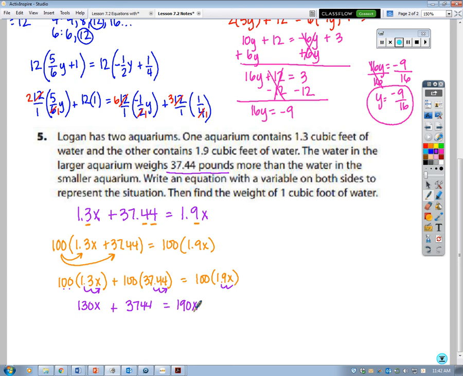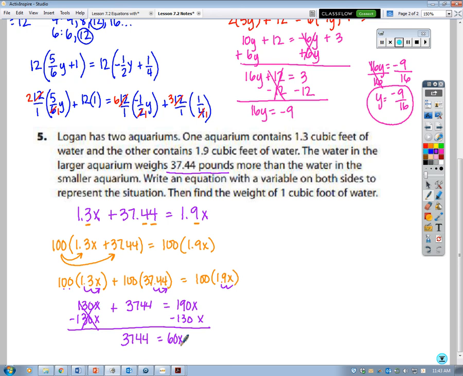Okay, and then I just solve by combining like terms. So I've got a positive here. I'm going to subtract 130x from both sides. Cancels out on this side. I've got 3,744 equals 190x minus 130x, which is 60x.